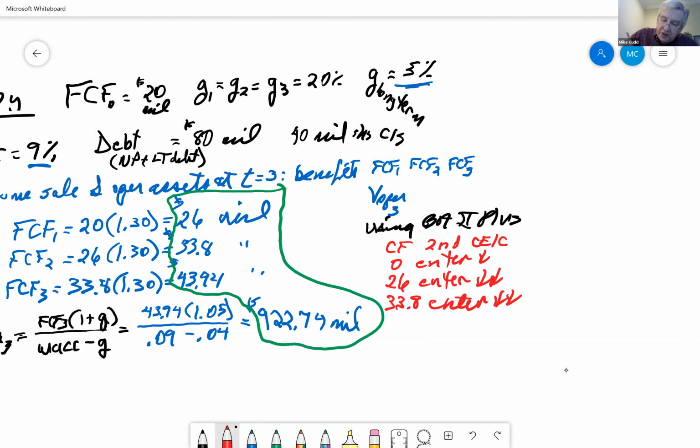And the next year we get a combination of 43.94 mil plus 922.74 mil. And I can add them because they occur at the same time. That's 966.68.